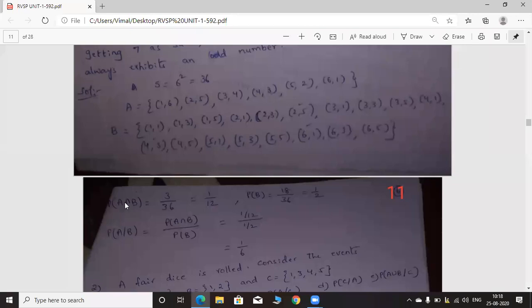What is meant by A intersection B? Common portion. Okay, if we see the set theory, A intersection B represents the common portion or common area, common elements. So we have to calculate probability of A intersection B now.